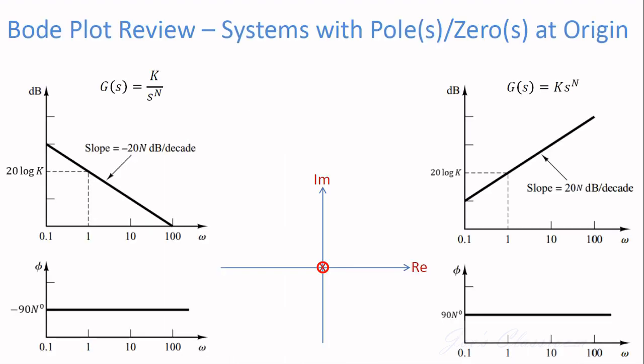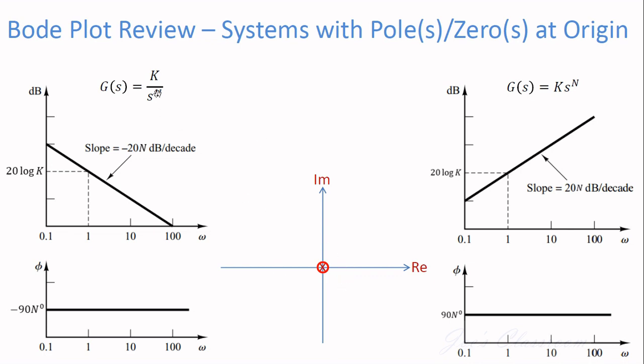Since this tutorial needs a few fundamentals that we learned in the previous lectures, let us quickly review them. We started with systems with poles or zeros at origin, and these are the transfer functions, and this is going to be the pole zero plot.